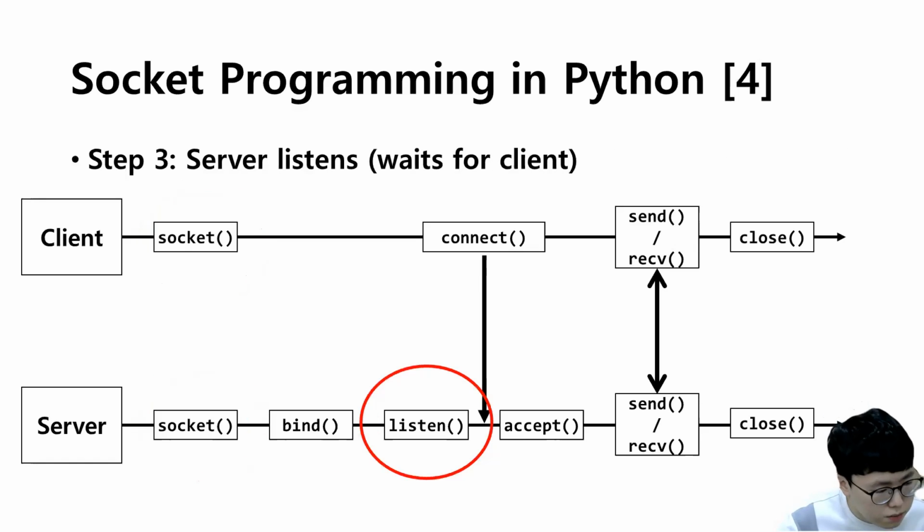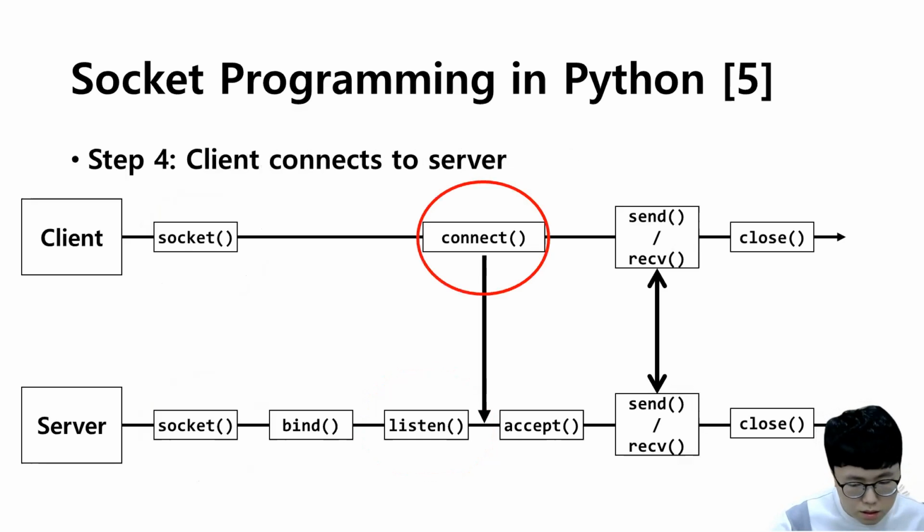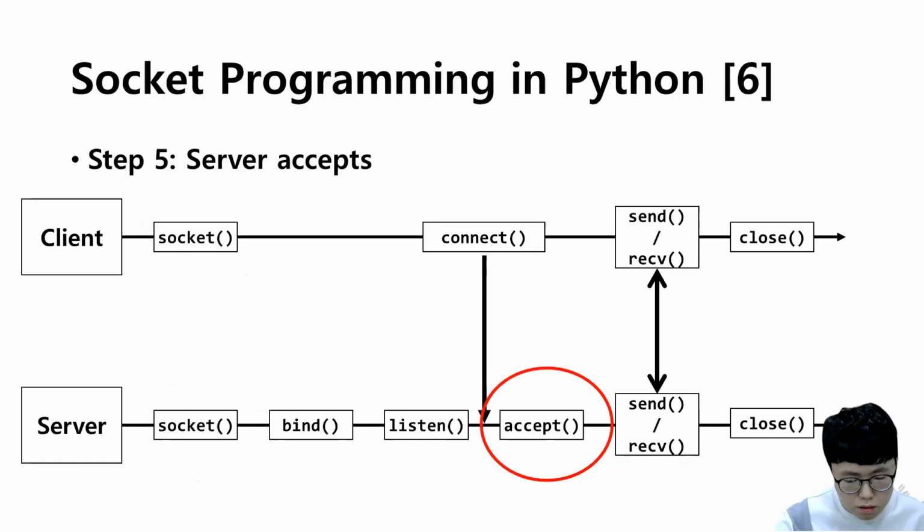The listen function declares that the server is ready to receive. And then the connect function of the client is to request access to the server. And the accept function allows this connection to the server, and then to the client.